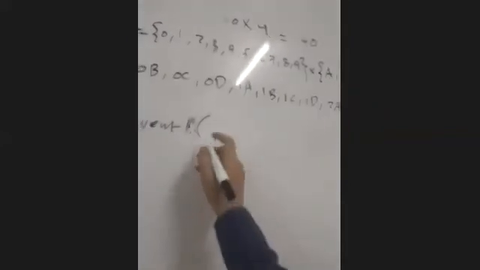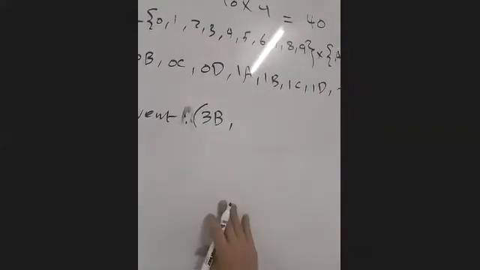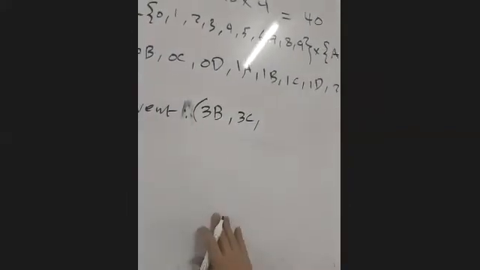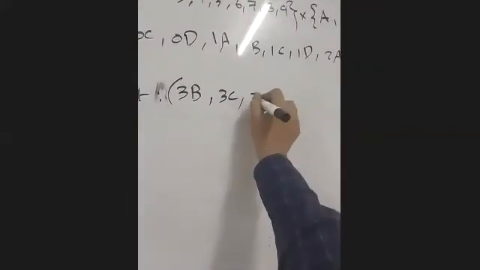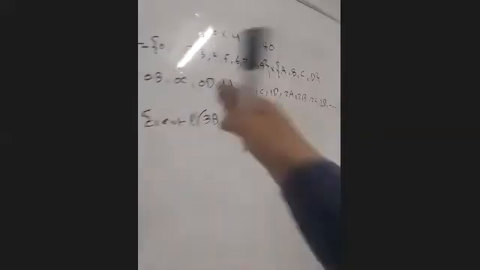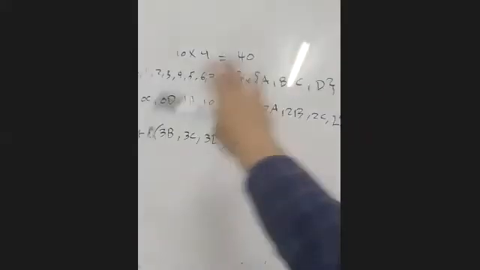No. 3 with B, works. 3 with C, works. 3 with D, works. So how many outcomes for the event? 3 outcomes. The question asks for the number 3 and a consonant, right? 3 with A doesn't work, A is a vowel. 3 with B, 3 with C, 3 with D only.